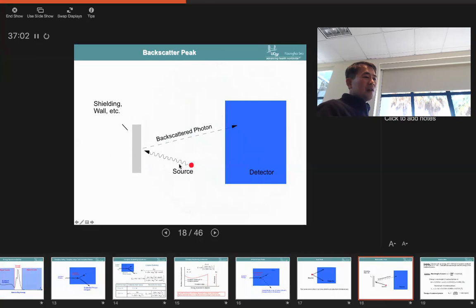So what if the radiation, like a gamma ray, interacts with some surrounding material? And then what if it scatters within that material and the scattered photon escapes that material, going back to the radiation detector? That's why it's called the backscatter photon from the surrounding material. And those backscatter photons could be recorded by the radiation detector. This is unwanted, it's unintended, but this happens.